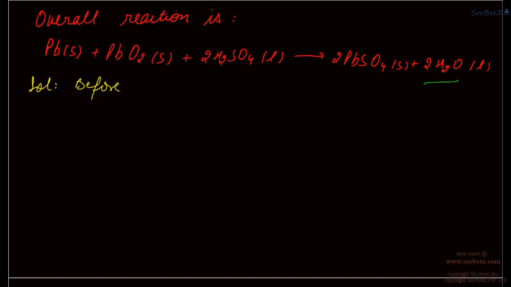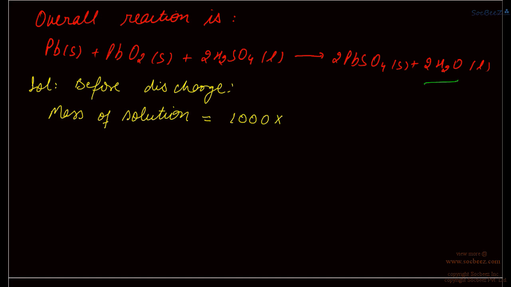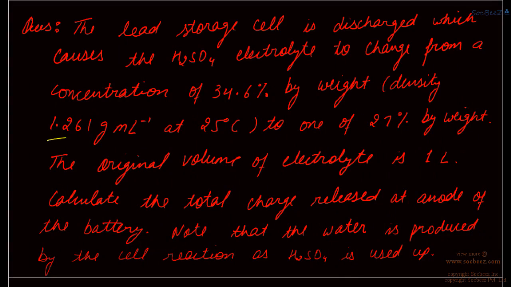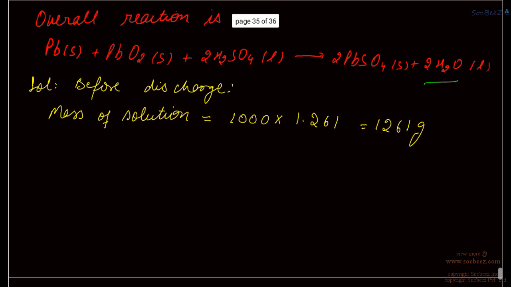Now before the discharge of lead storage battery, mass of solution equals 1000 into 1.261 equals 1261 gram, because here the density was given to us as 1.261 gram per milliliter and the volume is 1 liter.